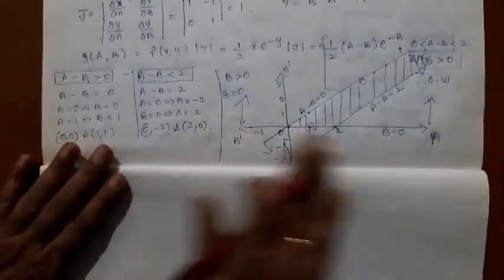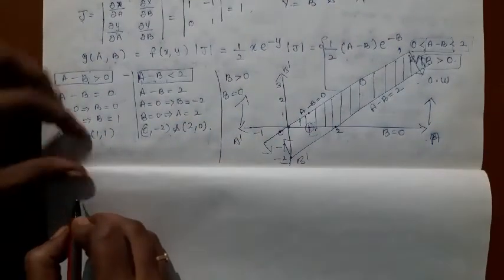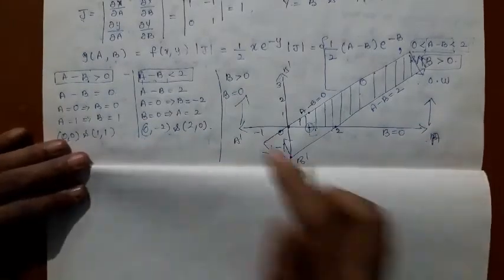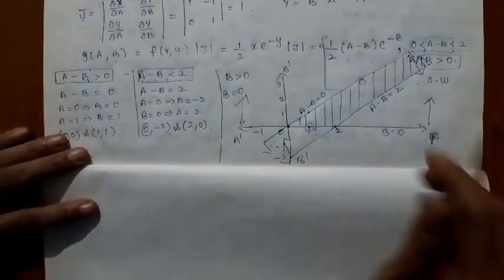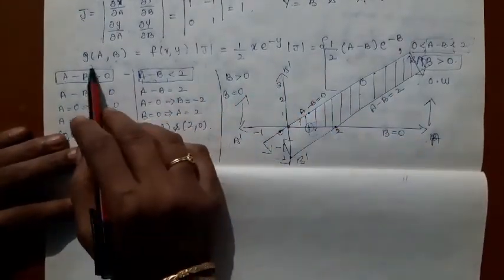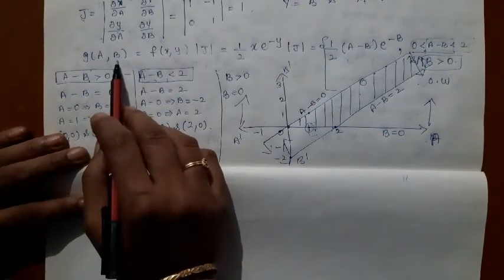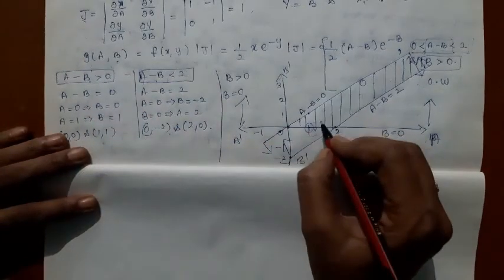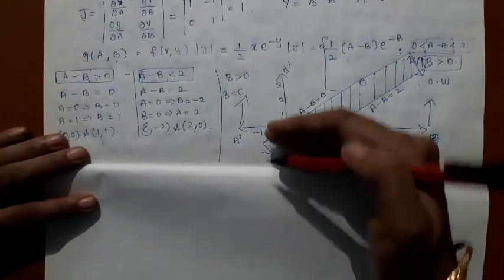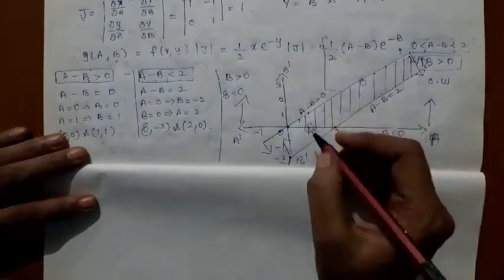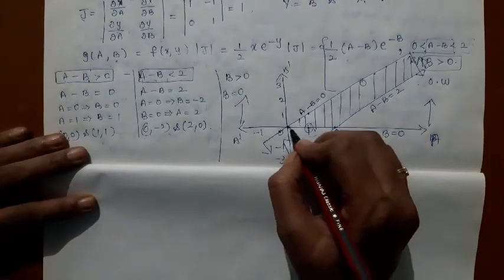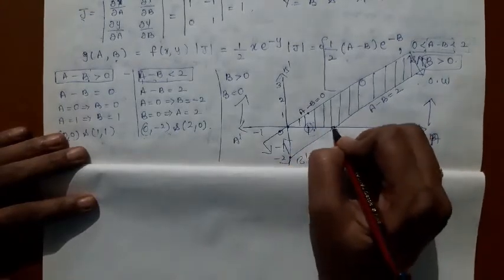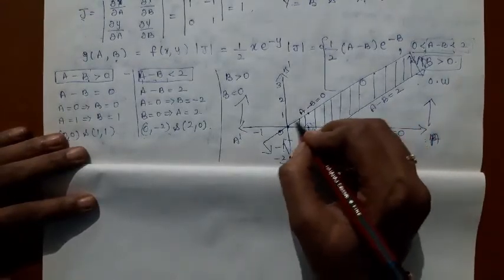Now let us consider the point of finding g of a. While finding g of a, you have to integrate g of a comma b with respect to b. With respect to b means over the y-axis, the height. So here, from here to here, you should integrate from this line to this line.